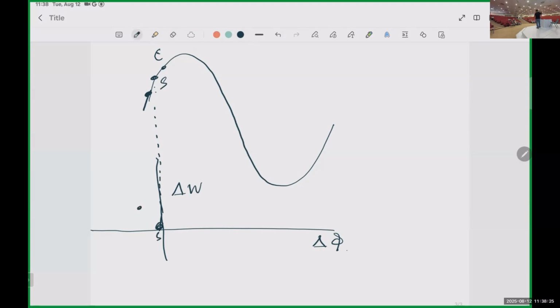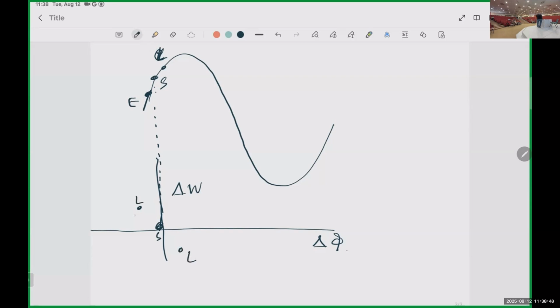It will be behind in phase, but higher in energy. Similarly, if you have a late particle, I'm sorry, this is the early particle and this is the late particle. The late particle will have the phase difference, but it will be here.